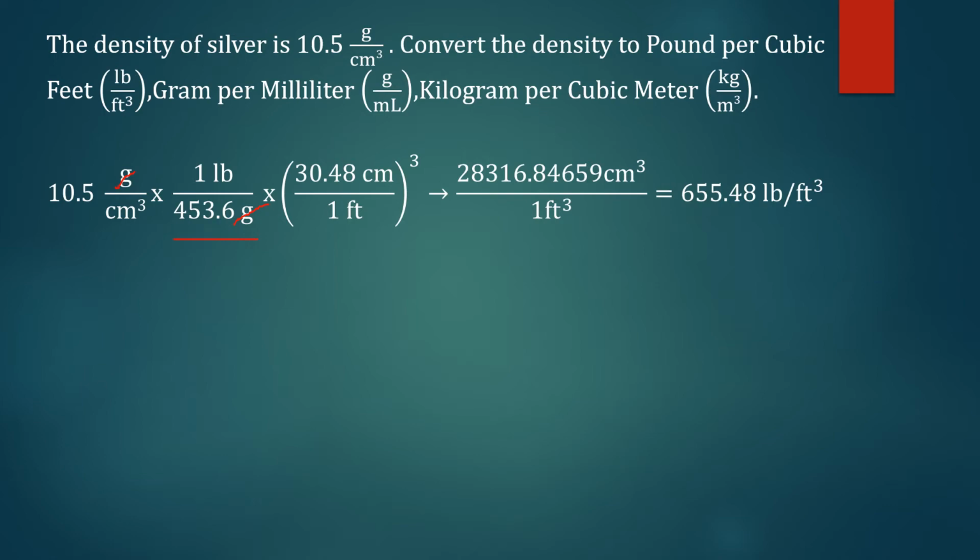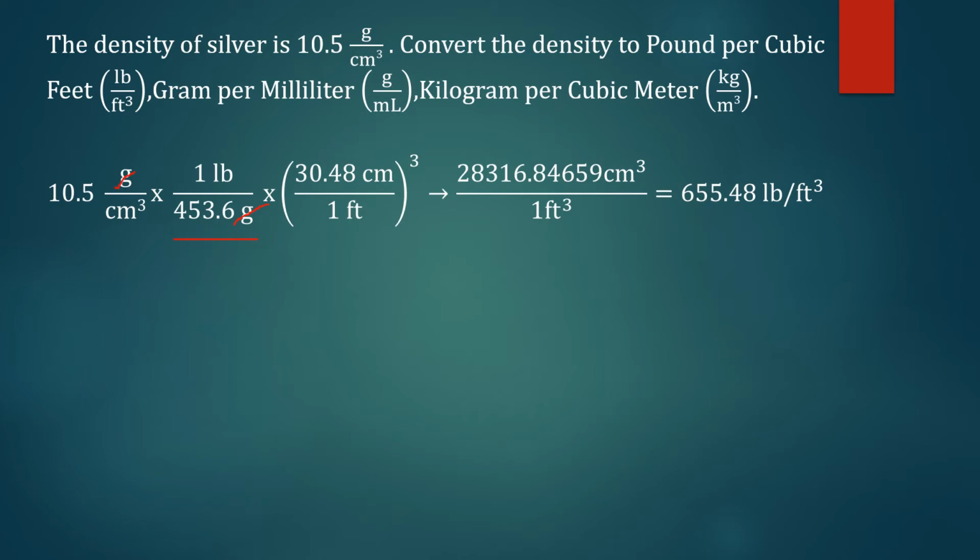So remember that if we are converting a cubic unit in volume or in anything, the conversion factor should also be in cubic unit. So as you can see, this conversion factor has been placed inside a parenthesis and raised to 3, so that the centimeter and the feet units will be raised to 3 accordingly.